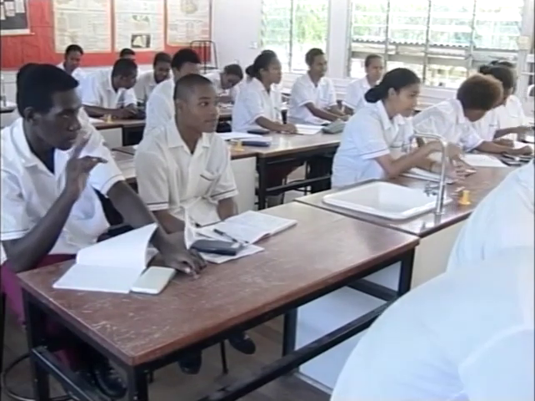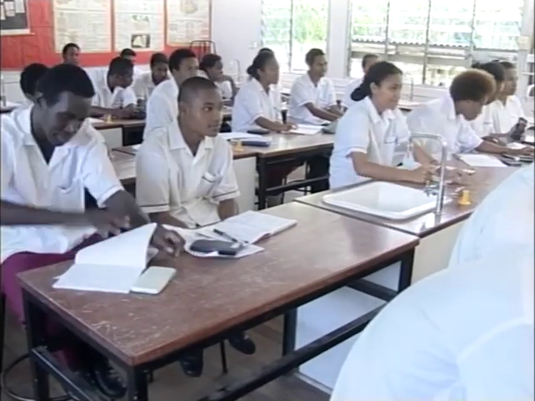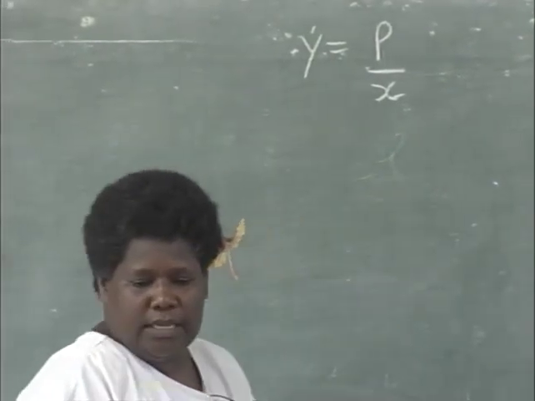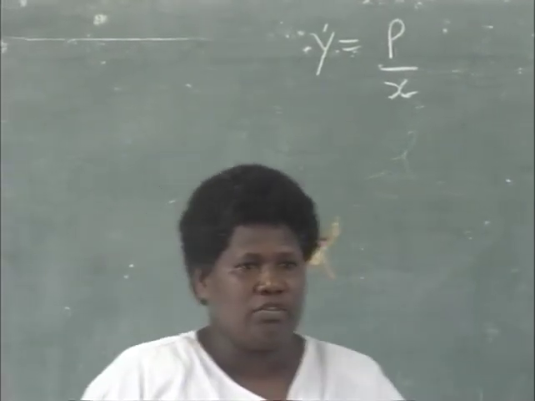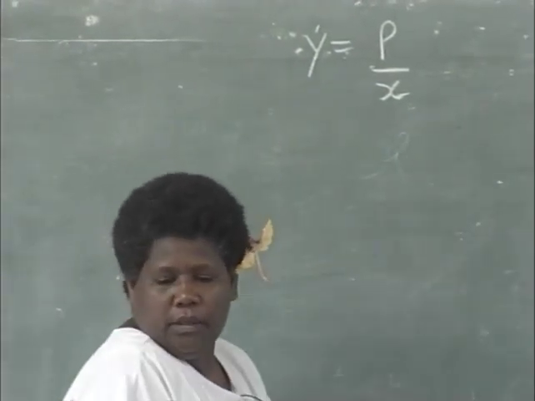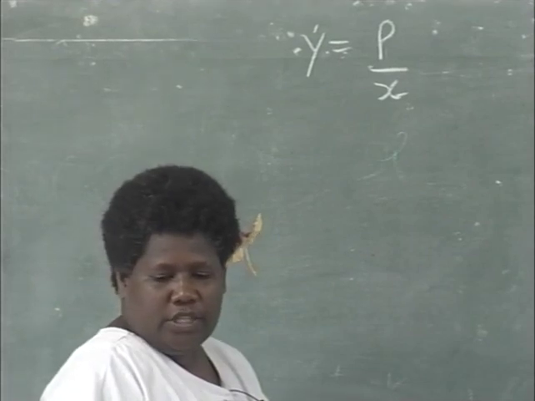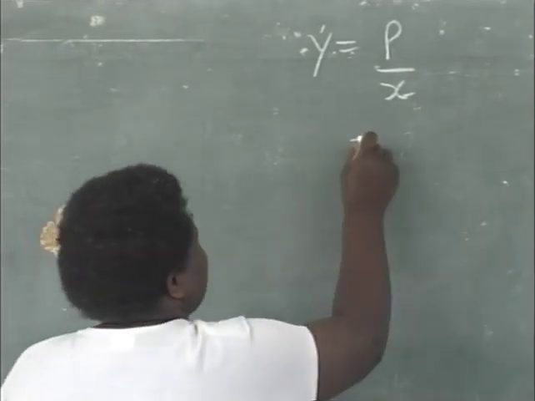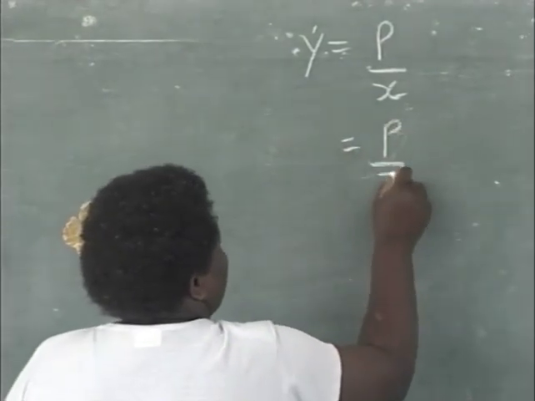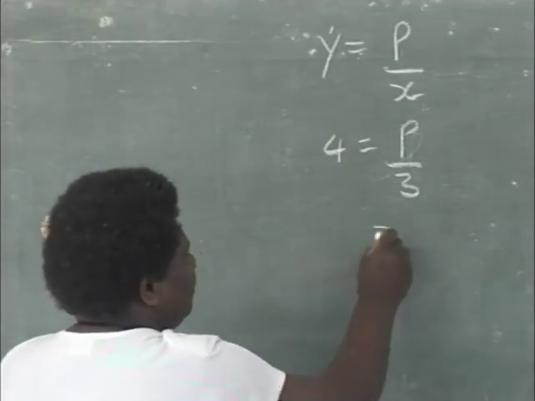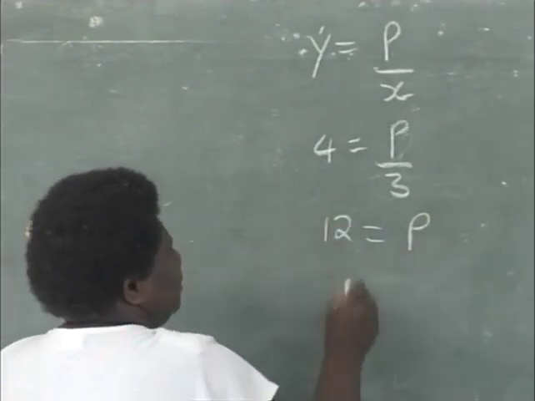Okay, I'm going to do this one on the board to see if you've done it correctly. Y is equal to P on X. You are told to sketch the graph, but before you sketch, you actually need some values. You are to sketch it in such a way that when X is 3, Y is 4, which means the value for P will actually be 12.